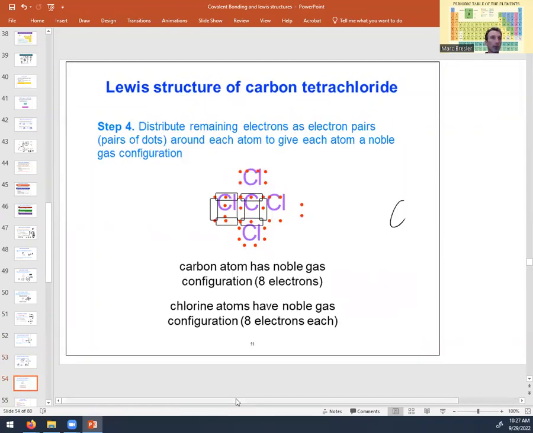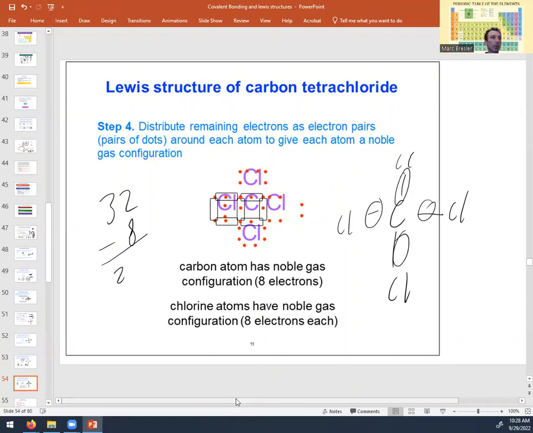Then we have to place those remaining 24 electrons around the chlorines. Just place them around, normally in pairs is how you do this: 2, 4, 6, 8, 10, 12, 14, 16, 18, 20, 22, 24. So that works out nicely.